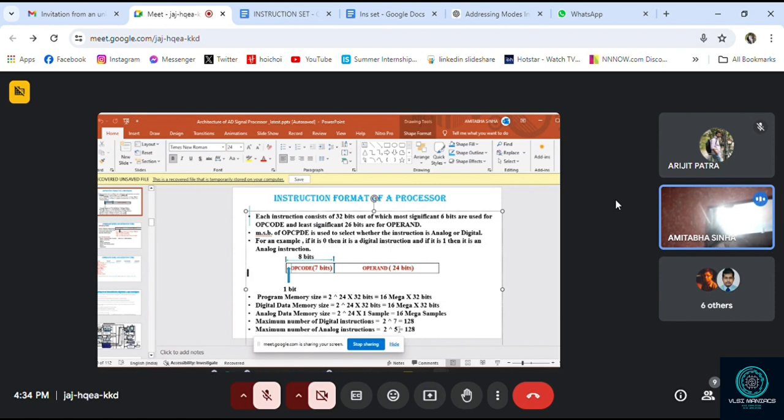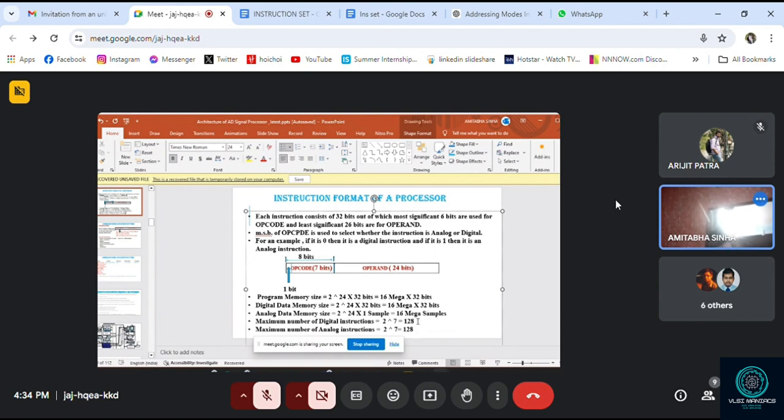So both will be 128 instructions. So 128 plus 128 equals 256. That is the maximum.